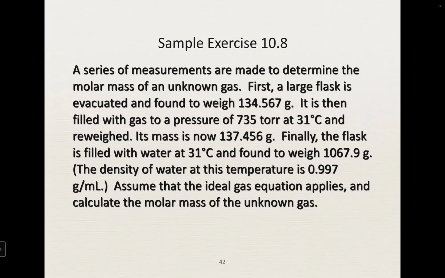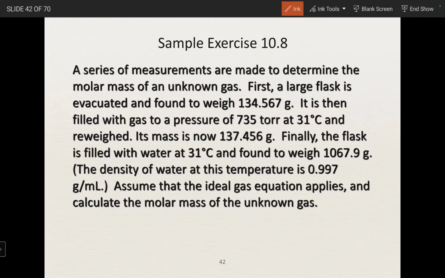So we're still going to use molar mass equals density times RT over P. But we're not given really anything directly other than the pressure, and R, I guess, so we always have R. We can get temperature fairly easily by adding 273.15, but the density is going to be a little bit tricky.